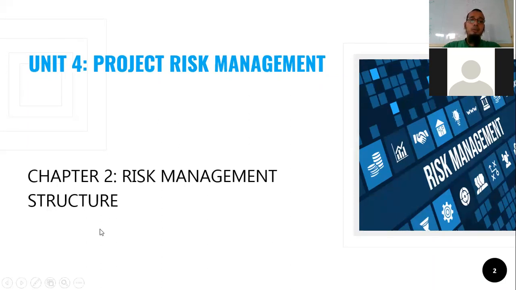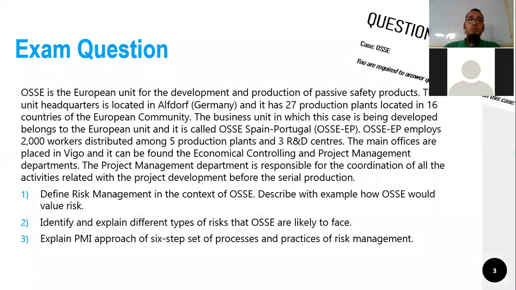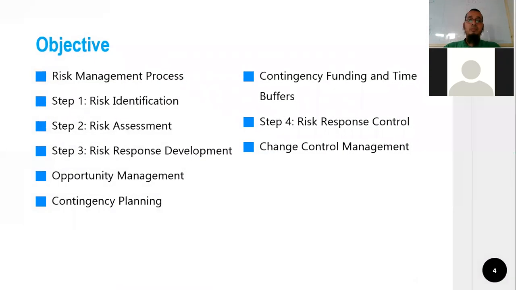One is risk management structure, and the other is how we can identify the risk. So when we talk about the structure, what do we understand actually? Do you remember what the risk management process is?